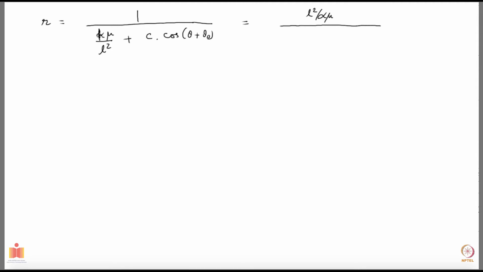So this should be k mu over L square, and this should become L square over k mu, and this will be 1 plus c L square over k mu, cos of theta plus theta naught.